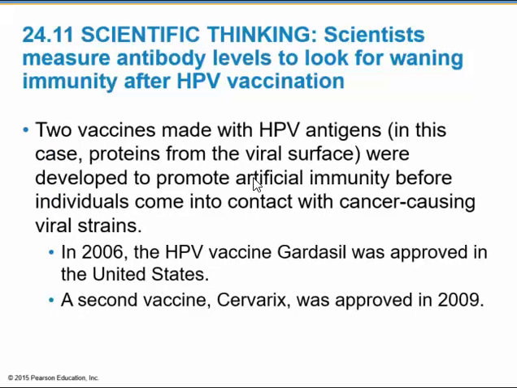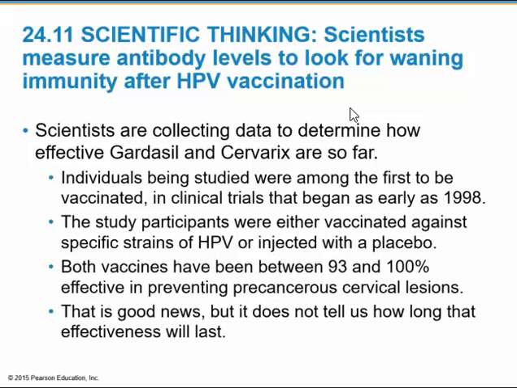Now, there are 2 vaccines out to promote immunity against HPV, called Gardasil and Cervarix. Research has shown that the vaccines are effective, but little is known about how long vaccination lasts.